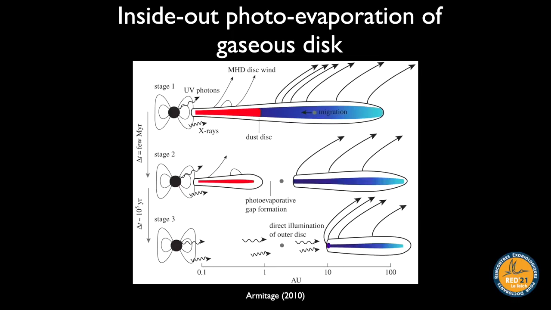But then what the disks do at the late phases can matter too. And so one key process late in the game is that disks evaporate. Like I talked about before, disks go away after a few million years. What does that mean? Well, the predominant thinking is that disks actually evaporate from the inside out. Once they slowly drain away for a while, when they're below a certain critical density, the energetic radiation from the central star can give them a strong kick and clear them out from the inside out.